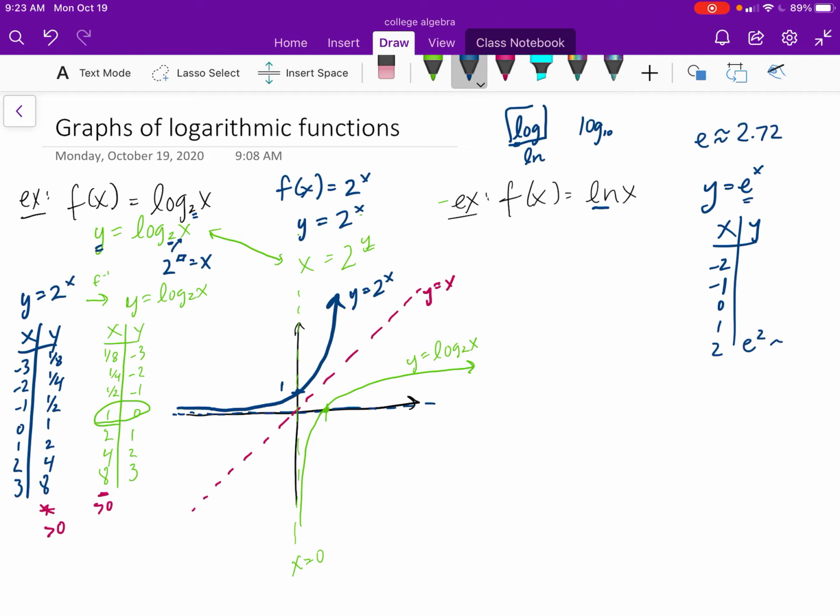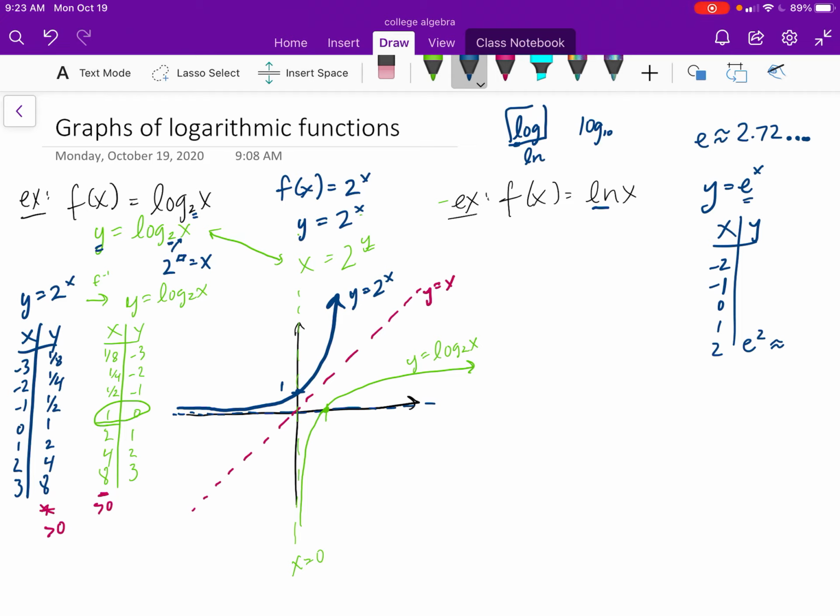So this is close to 9, maybe closer to 8, but we would need a calculator for all of these values. E to the 1, even that, I'm rounding it 2.72. It's a non-repeating, irrational number, just like pi is. So I don't know all those digits. In fact, I think it's 2.71 something.